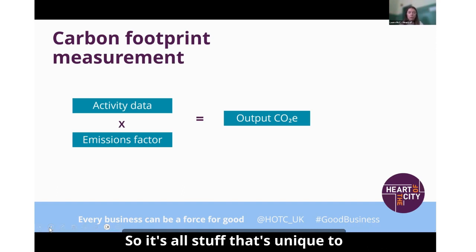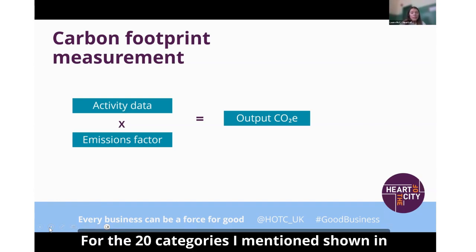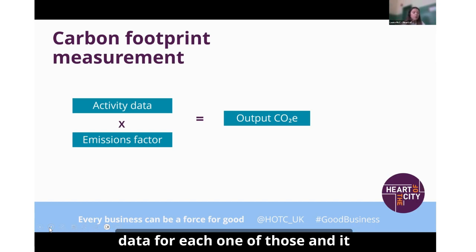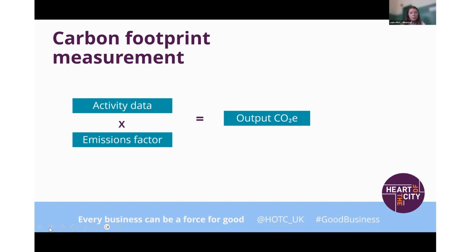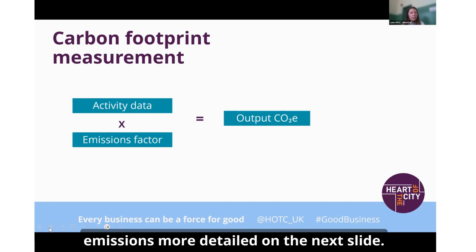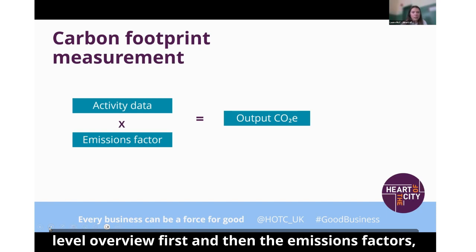So it's all stuff that's unique to your business. For the 20 categories I mentioned in the different scopes, there'll be different sets of data for each one, and it will look completely different for each. I will come on to activity and emissions in more detail on the next slides. This is just a high-level overview first.